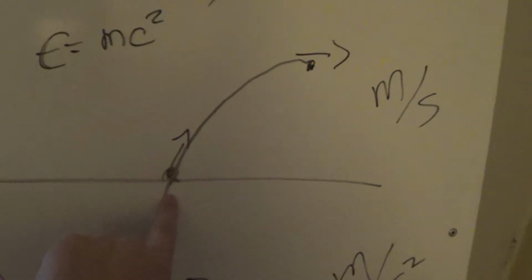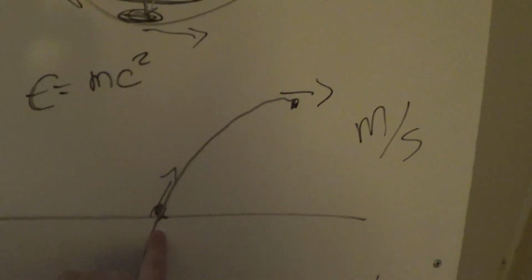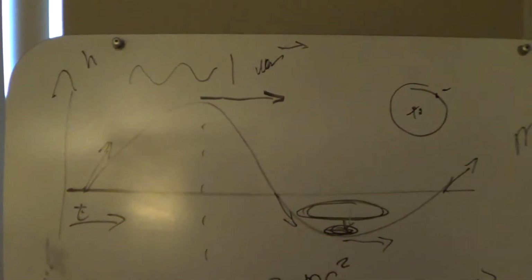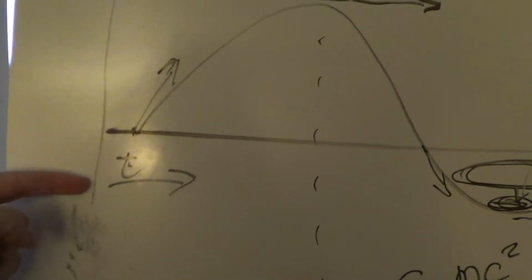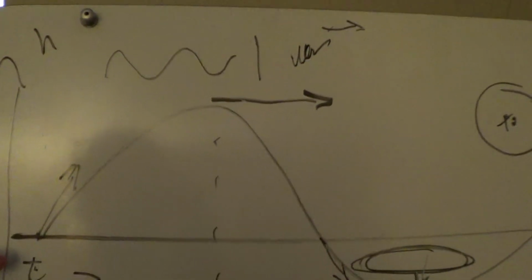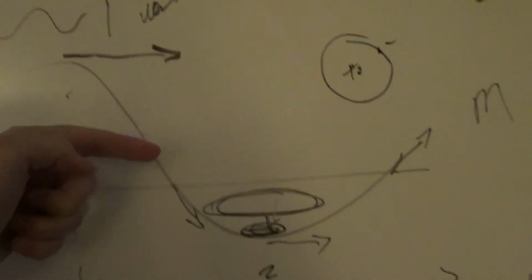The bottom of this one, we are neither looking up nor down. And over here, we are looking up as high as we possibly can, which correlates to this spot. So if this is our height, this is the time, then this is a graph of our height according to time.